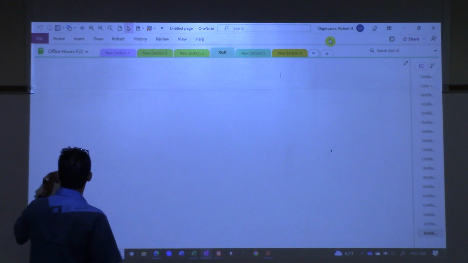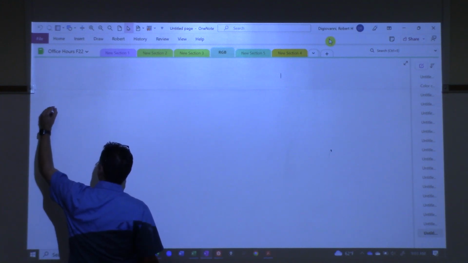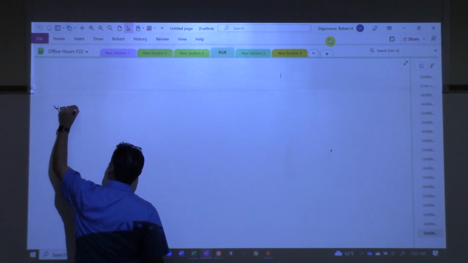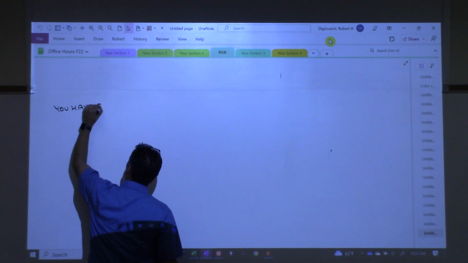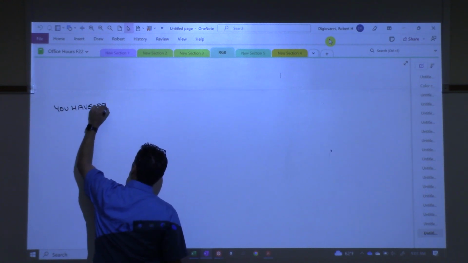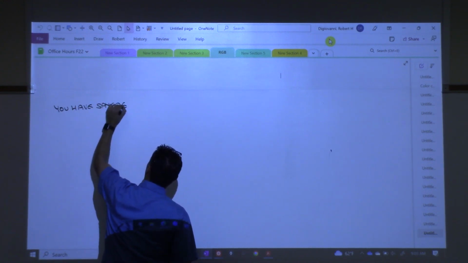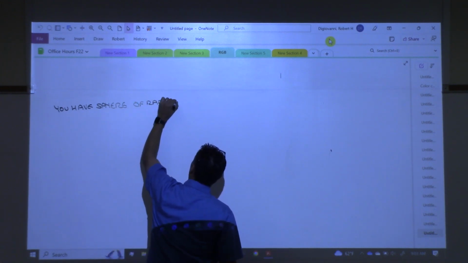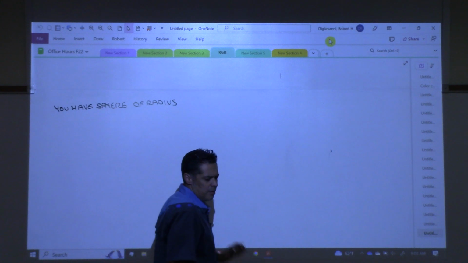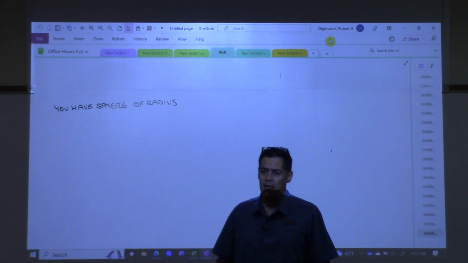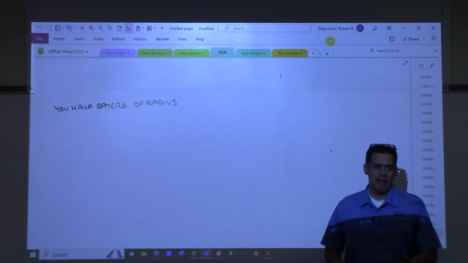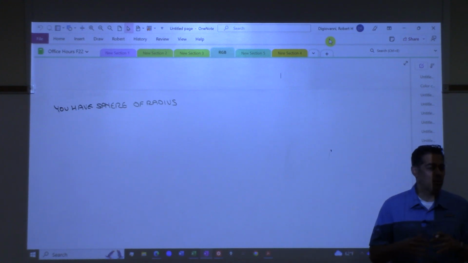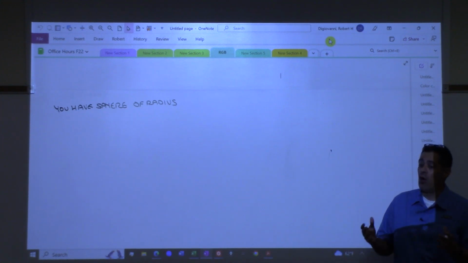Let me just go ahead and put this up here. Let's say you have a sphere of radius. All right, now we need to make a decision here. Do we want this sphere to have a fixed radius like 1 foot or something like that, or do we want to do it arbitrarily, like for radius of r?